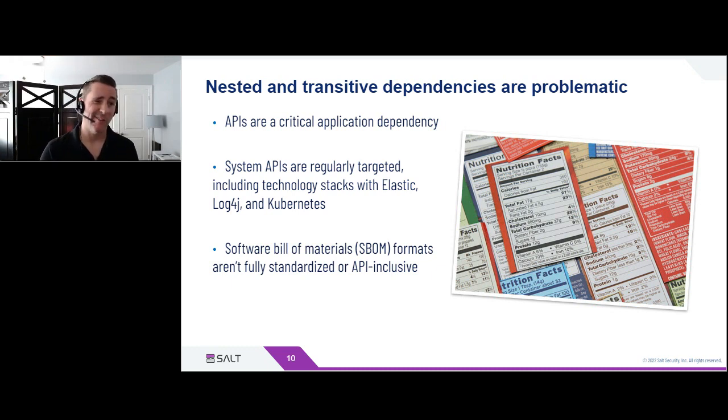So it's kind of an unsolved problem. It's something we address within Salt, right? Continuous discovery of all your APIs and how they talk to other systems. And then you can spit that out as like an XML format, but there is no industry standard at this point that's incorporating web APIs, unfortunately.